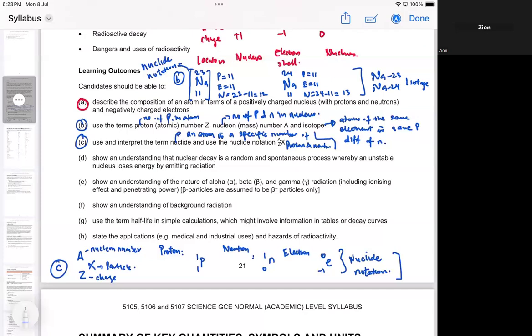Okay, next, let's talk about nuclear decay. So over here, it says that it's a random and spontaneous process. So these two points here are important. Just know that it's spontaneous and random. What is the meaning of spontaneous? Spontaneous means it is not triggered by external factors.